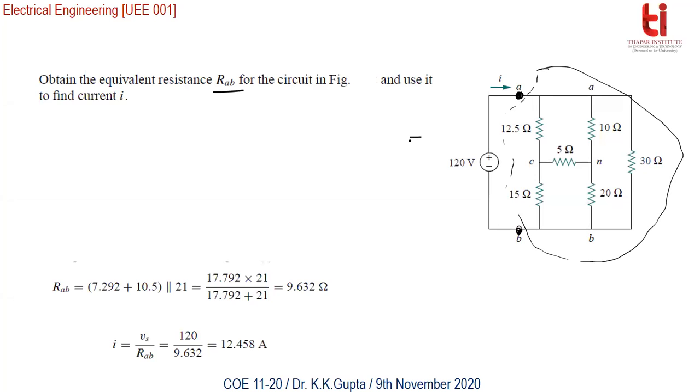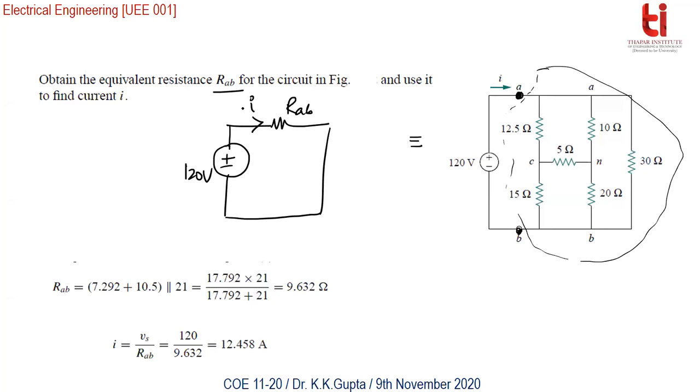So all you need to do is reduce this network to one resistance, equal to RAB, and you are required to calculate this current. This current is 120 by RAB, right? So let us see how to do it.